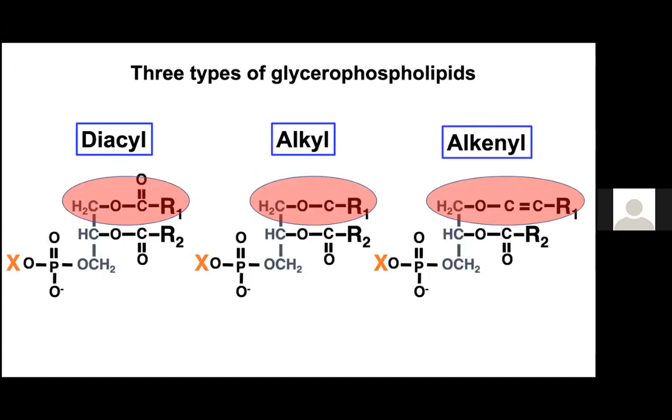Glycerophospholipids also show diversity in the binding of fatty acid to the glycerol backbone. As shown here, there are at least 3 patterns in the binding mode of fatty acid to the glycerol backbone. This creates diacyl glycerophospholipids, alkyl glycerophospholipids, and alkenyl glycerophospholipids.